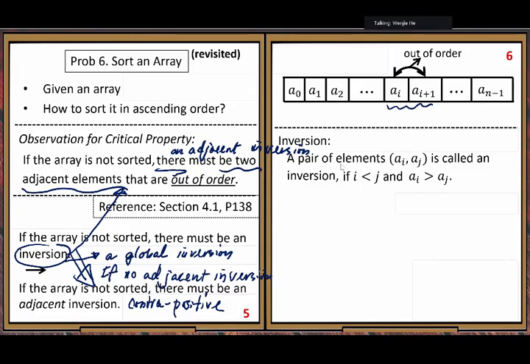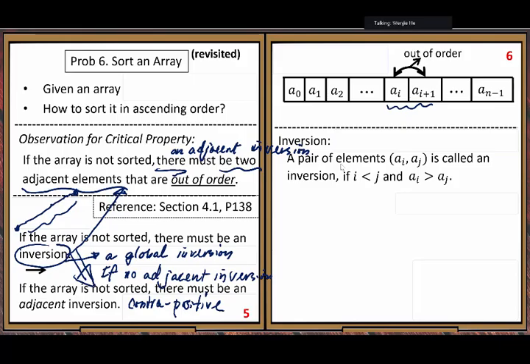Let's start from the first pair. First pair in order. Second pair in order. We keep going up. From first to last, you get ascending order. So when we negate the conclusion, no adjacent inversion, we scan from the first element to the last element.